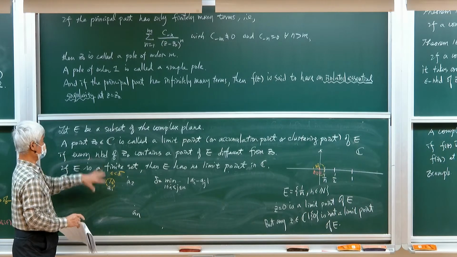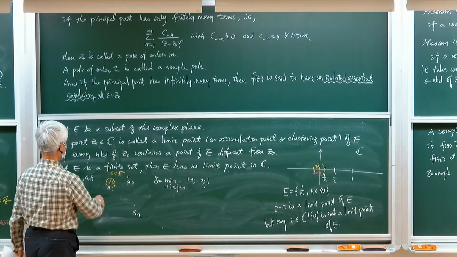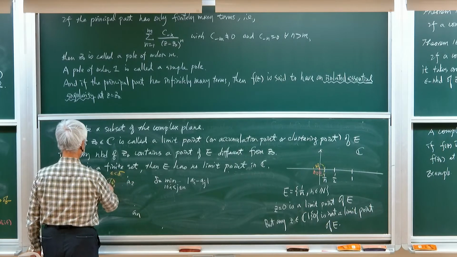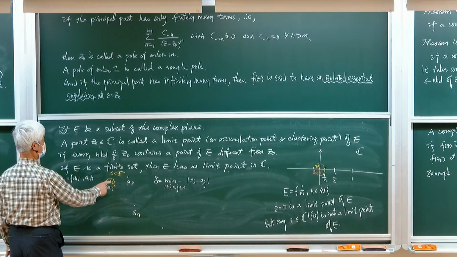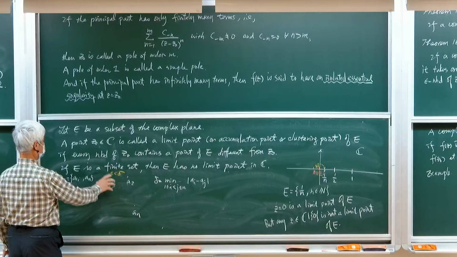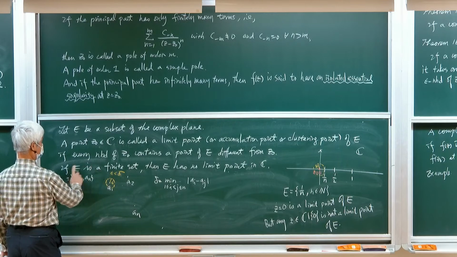So we find a neighborhood which, except the center, cannot contain any other points in E. For other points in the plane, you can find a small neighborhood which does not contain any A sub i's.